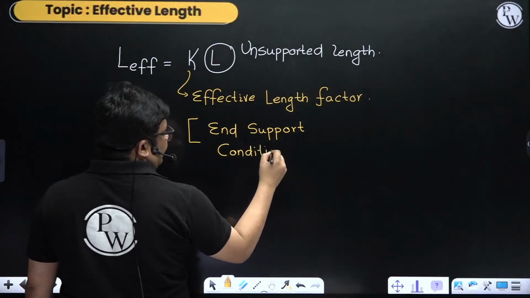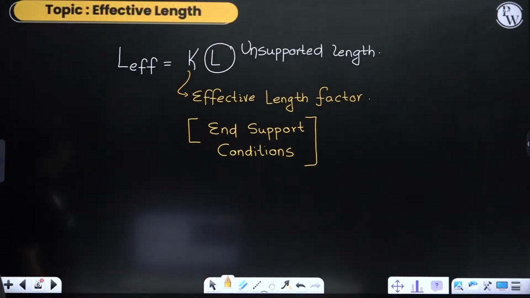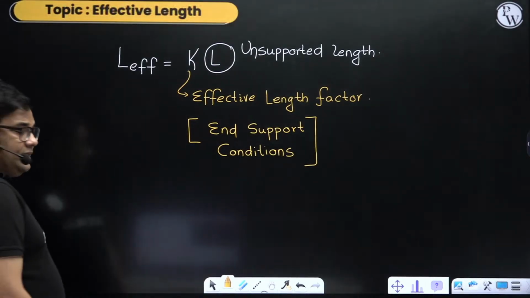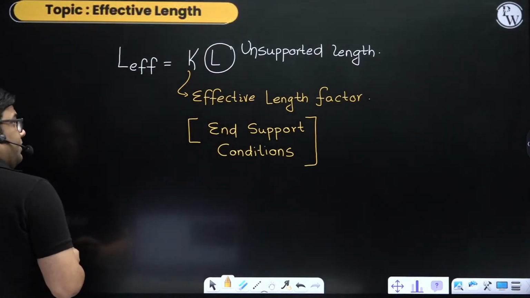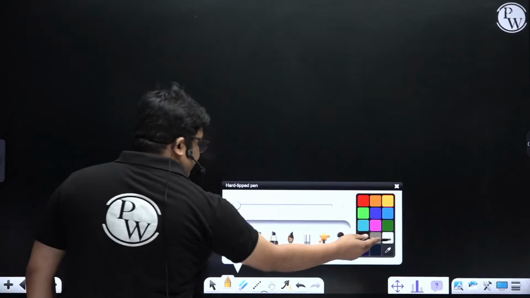Very nice. So we'll see different support conditions, and from there we will try to understand how to find this K. But before going into that, let us see what type of support exists.